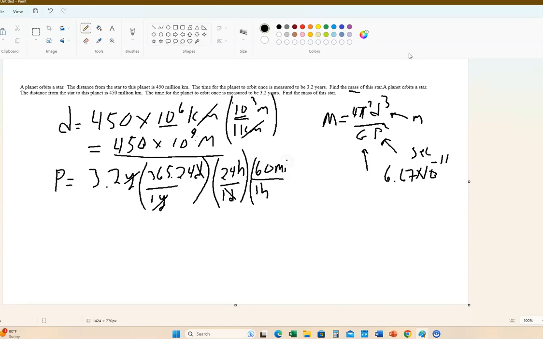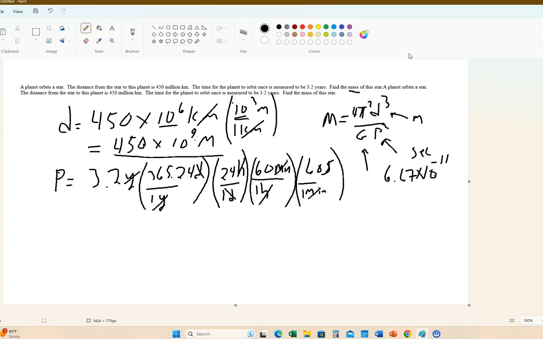Remember, use MIN for minutes, because we always want to leave lowercase m by itself, reserved for meters. And the last thing is that 1 minute is 60 seconds. That's supposed to be an S. Sorry. So the minutes cancel.